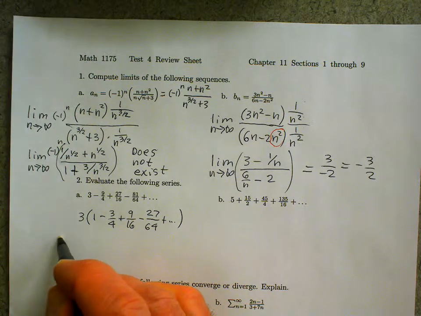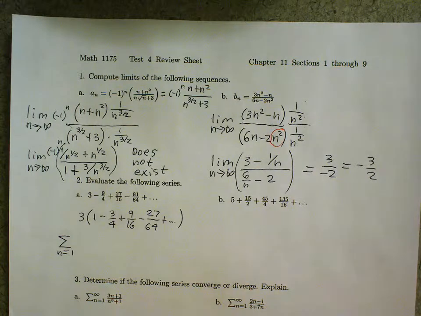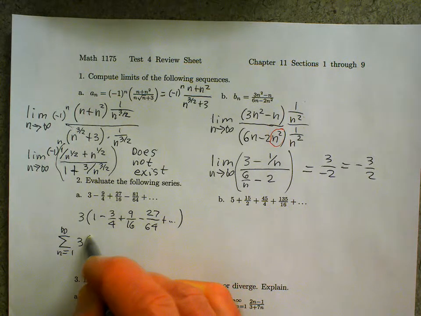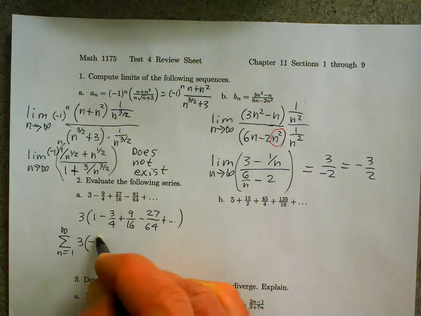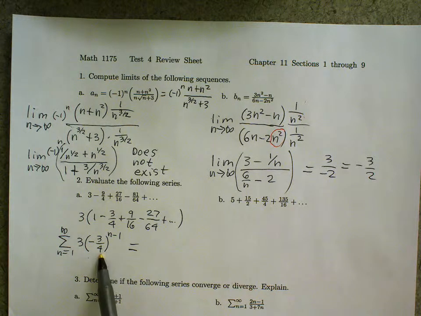And so in sigma notation, starting at n equals 1, we can write this as 3 times the common ratio, negative 3/4, to the n minus 1. Okay, so this is the formula for a geometric series. The common ratio is between negative 1 and 1, so it's going to converge.